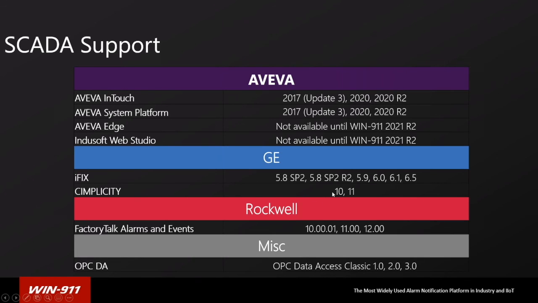And then with Simplicity, we did like version 9, but it's going to be just 10 and 11. And then Factory Talk Alarm and Events, we only do 10, 11, or 12. And then with OPCDA, the only OPCDA server I know that will not work right now is Lookout from National Instruments. We tried our best to get it to work, but eventually we found a KB from National Instruments that said that Lookout only works with their own product.